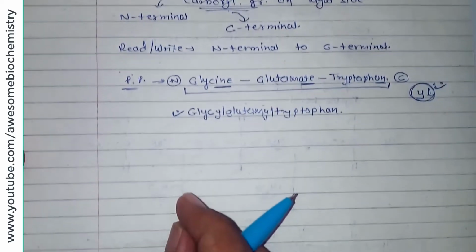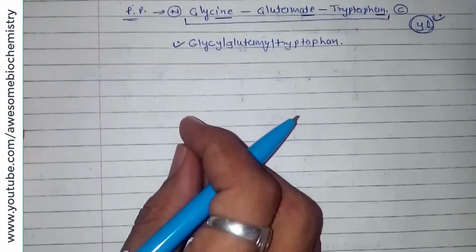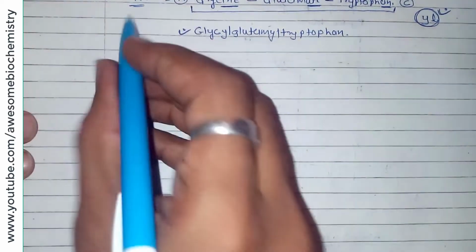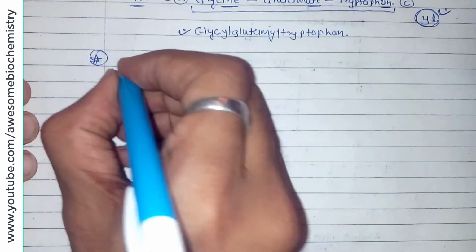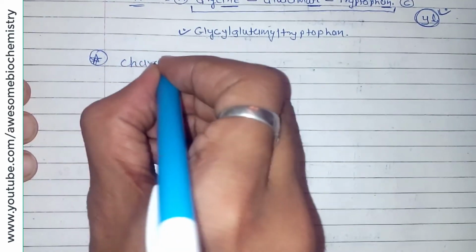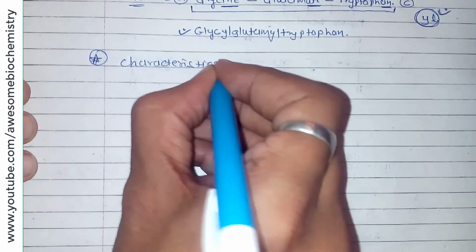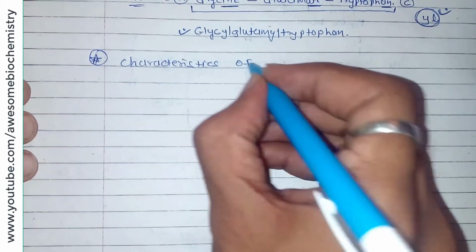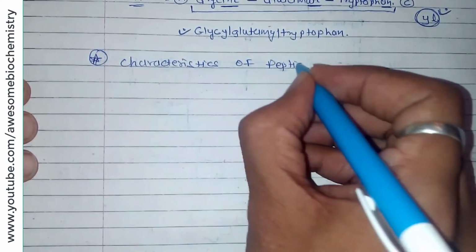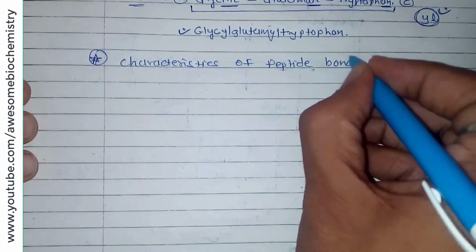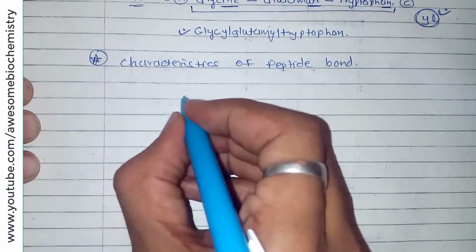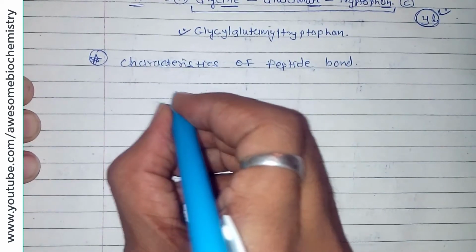Now we will see the characteristics of the peptide bond. We know that the peptide bond is the bond between two amino acids.